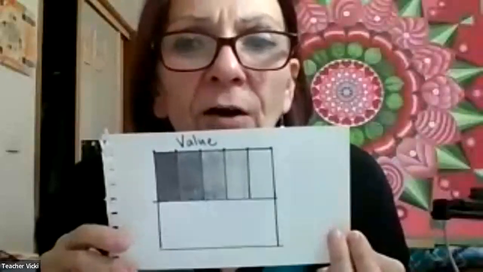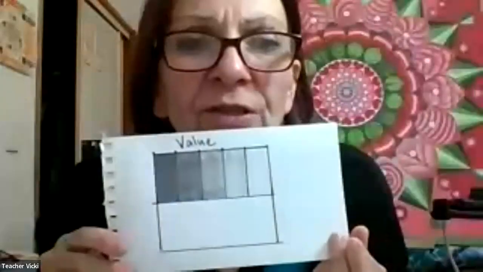All right, guys, we're going over to the next part of this activity. Now, I want everybody to watch me carefully as I do this, please. I want you all to start creating a value scale without the lines in between.